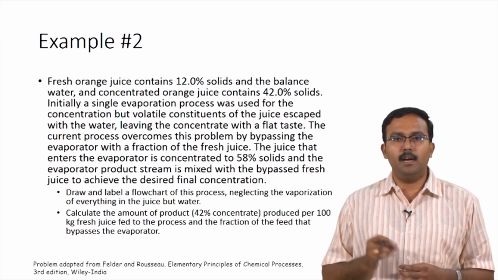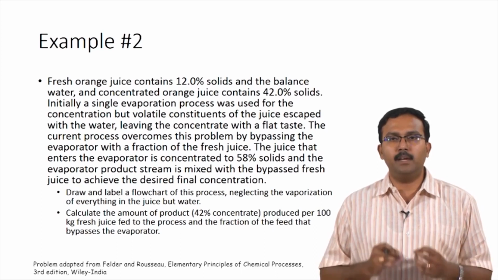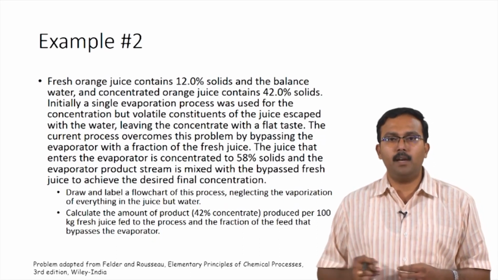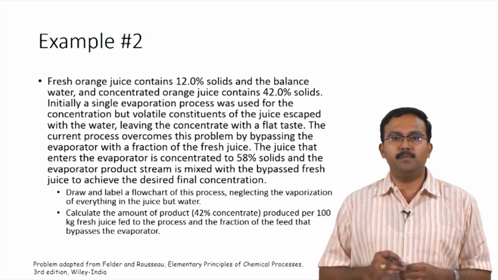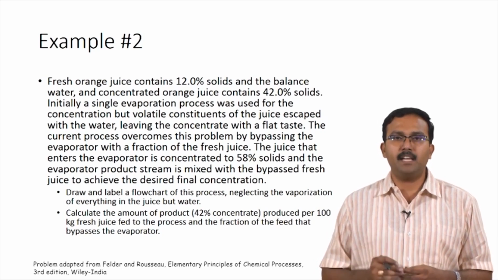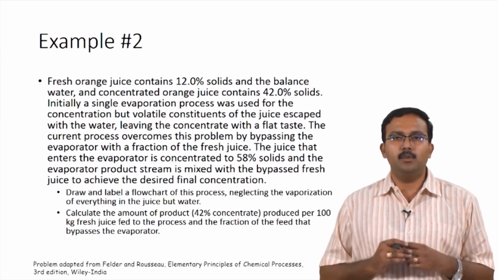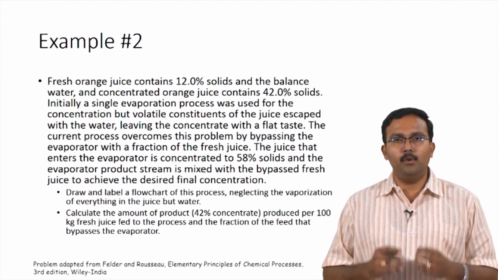You are asked to draw and label the flow chart for this process, neglecting the vaporization of everything in the juice except for water, and you are also asked to calculate the amount of product which is produced per kilogram of fresh juice which is fed to the process, and the fraction of the feed that has to be bypassed from the evaporator. So, the first step for solving this problem would be to draw the flow chart.